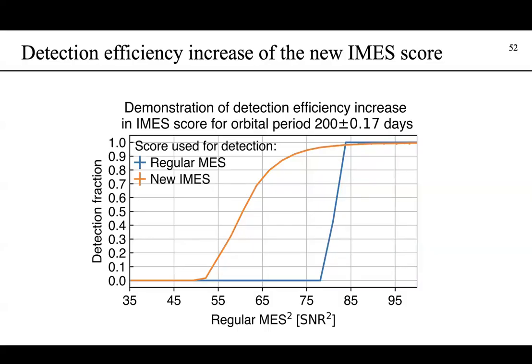For every event, I can calculate the normal detection statistic, which I show to be very similar to the Kepler detection statistic. And for the same event, I can calculate this new IMES. I can use this one as an indexing of which kind of signal I'm looking at. But for detection, I can use either this or the IMES.